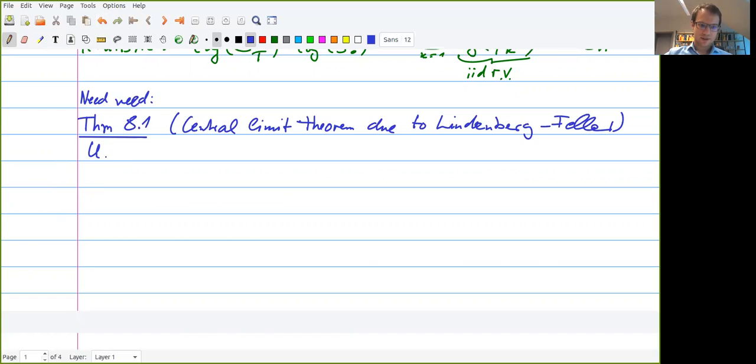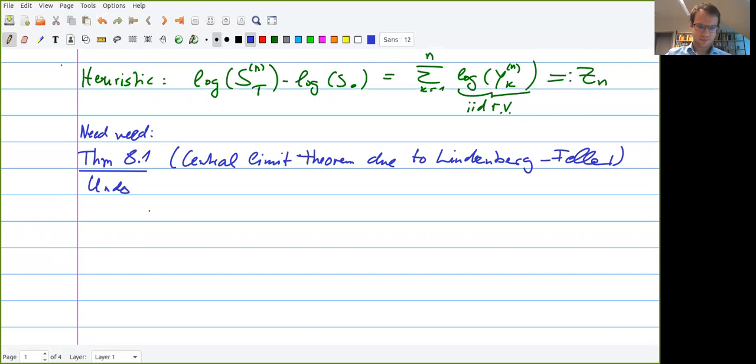So what's the statement? If I have suitable conditions, which you have to check, and don't worry, the lecture notes give more details, then under suitable conditions, what do we have?